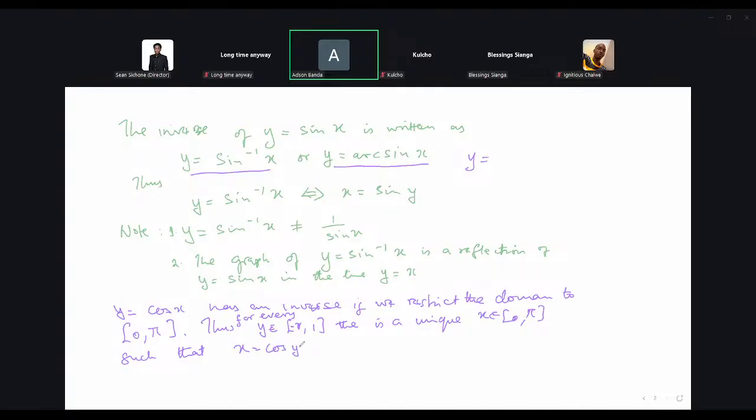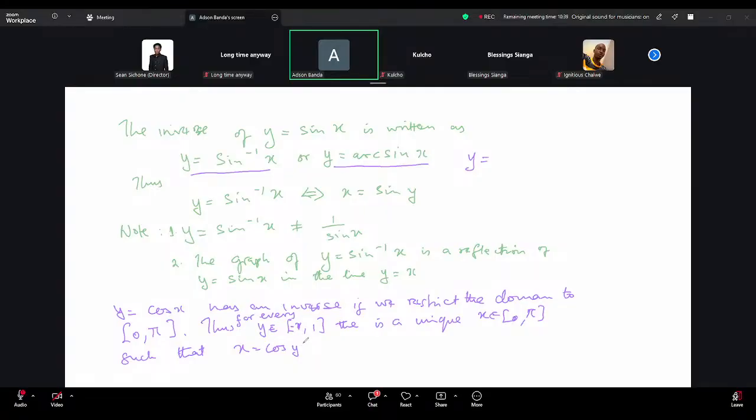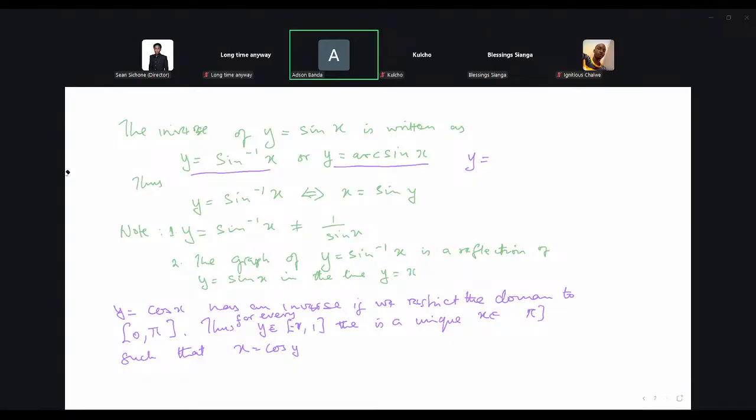Right, so in this case, the cosine of x has an inverse if we restrict it to the domain from 0 to pi. Again, I can draw the graph of the cosine, but maybe before I do that, let me just give you the following. So y equal to the cosine of x has an inverse.